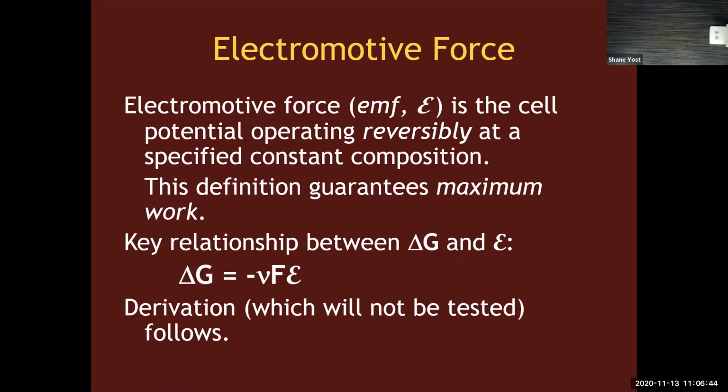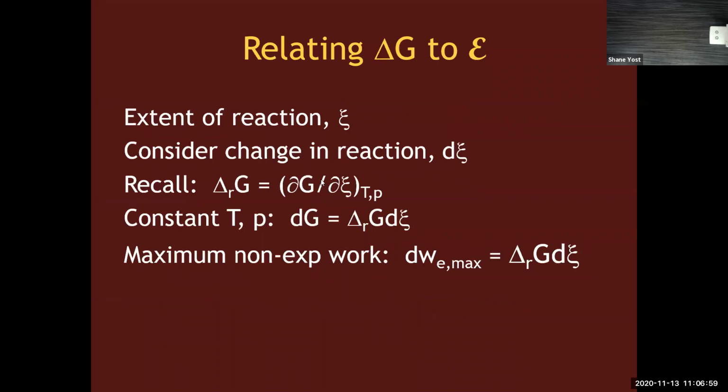I think I kept most of the derivation in these slides, so let's go over it briefly. I also talk about it in the online videos, so I don't want to spend too much time. The idea is that the free energy change for your reaction is related to the change in free energy with respect to the change in the extent of the reaction.